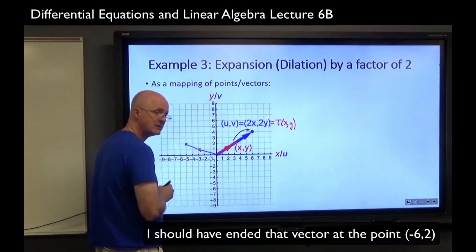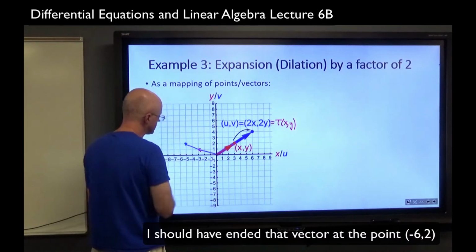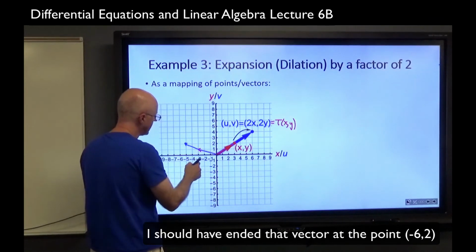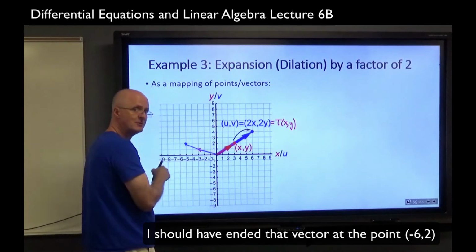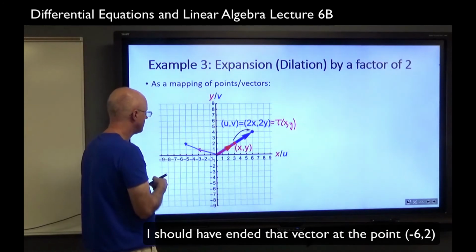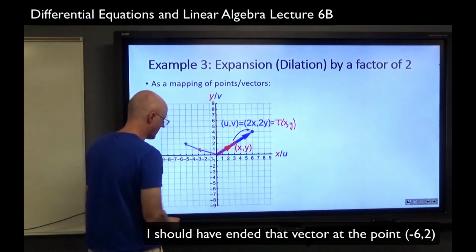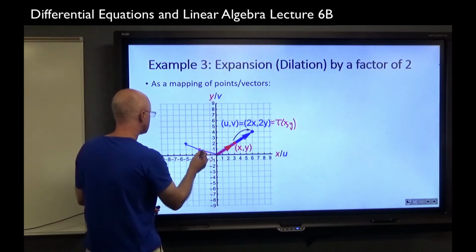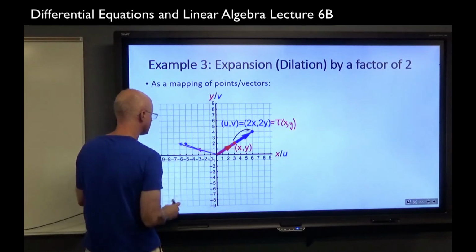So the image vector, or the image as a point, is going to be right there. (-3, 1) gets mapped to (-6, 2), and that means I drew it wrong. Like that instead.